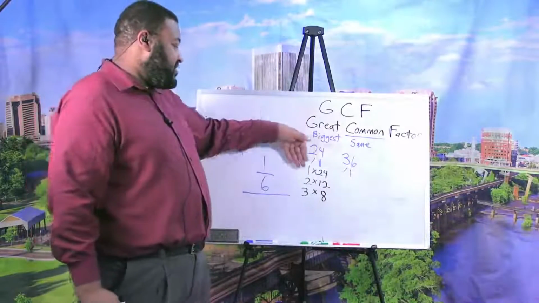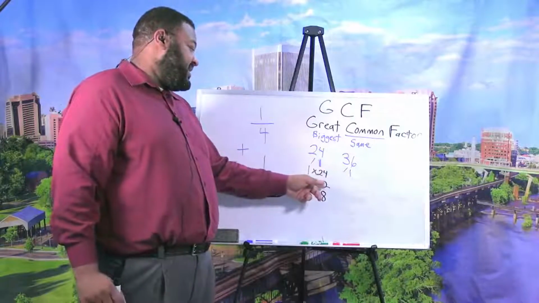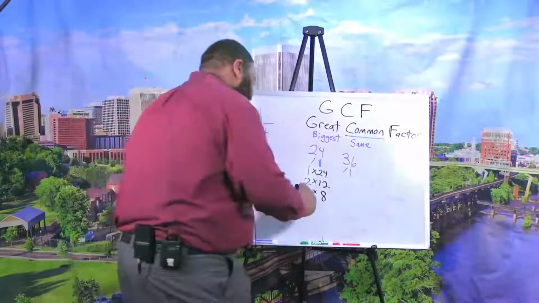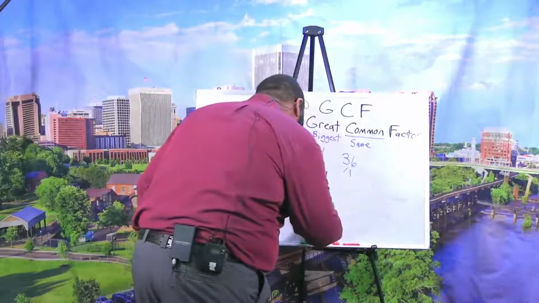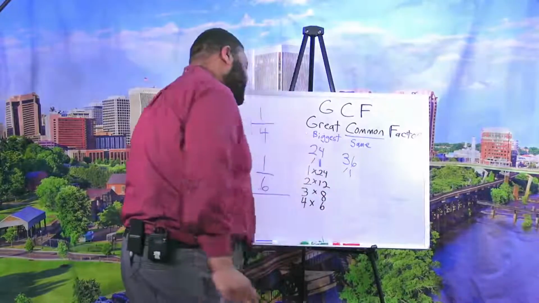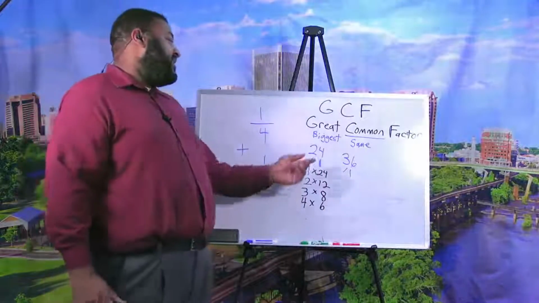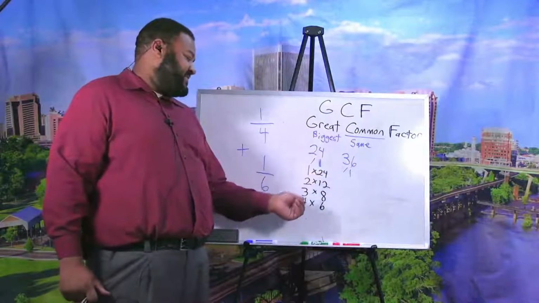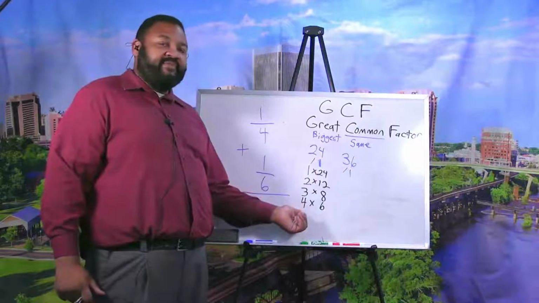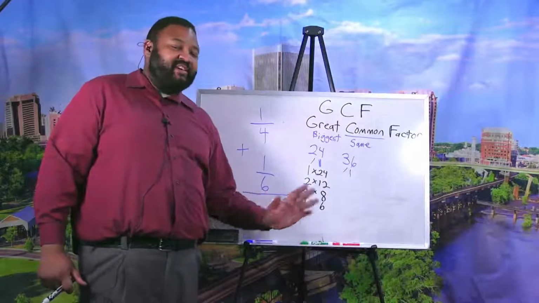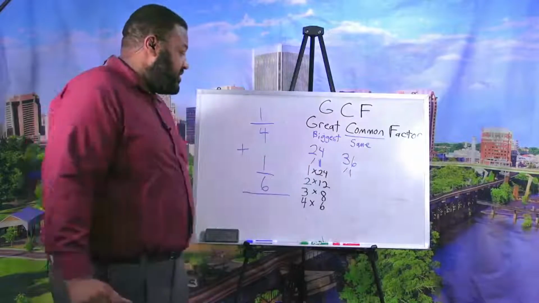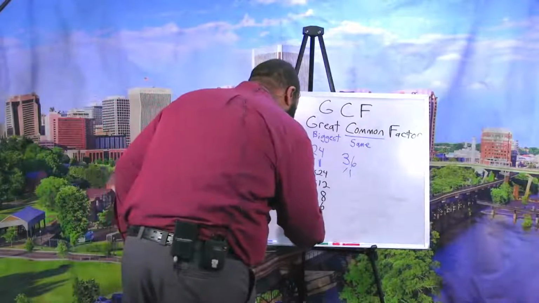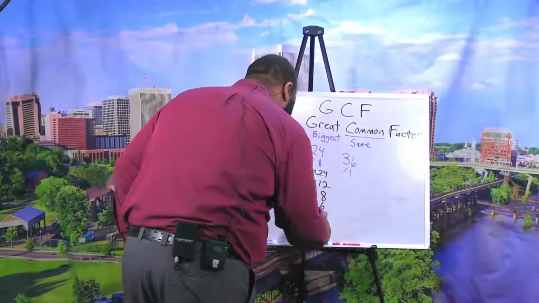Notice these are going in order and these are going down. Then I have 4 times 6. Now, I can't do 5s because the closest there would be 25, and that would be 5 times 5, and that is going way, way over. So my next one would be 6 times 4.